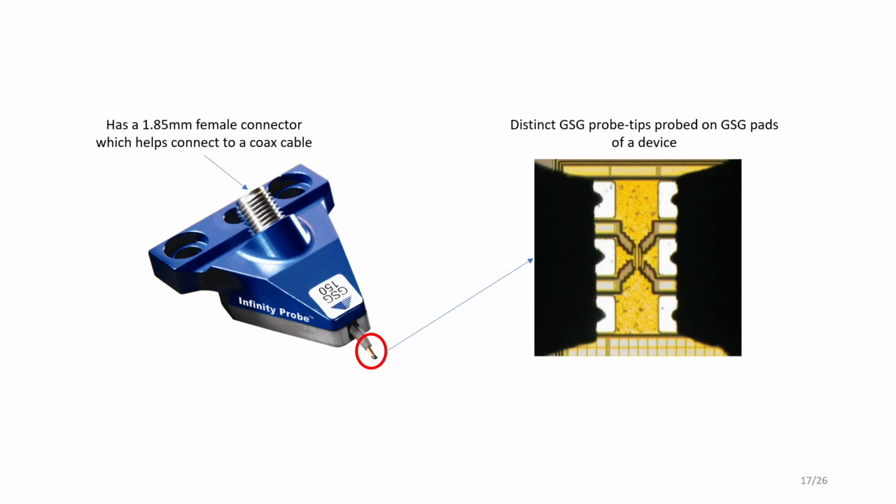So this way, when we contact the GSG probes on one side, we will be exciting and measuring the gate, and on the other side we will be contacting and measuring the drain, and the source will be kept at ground.